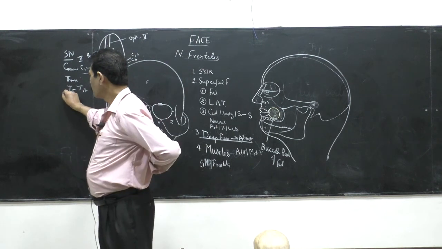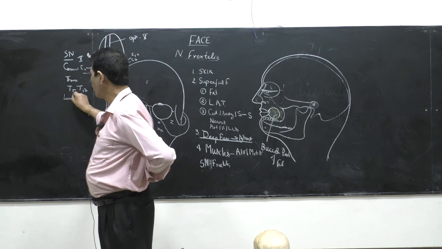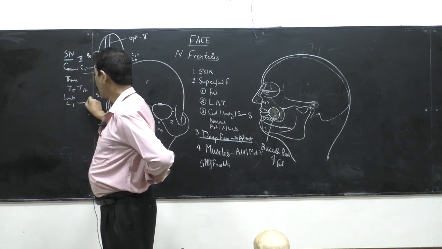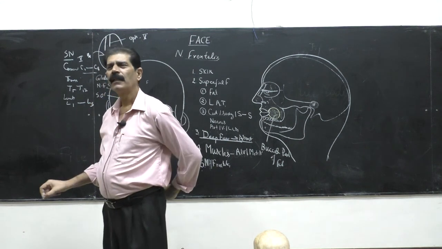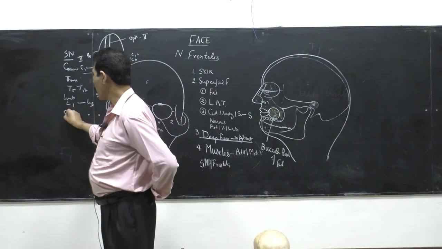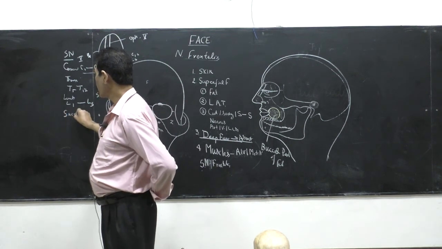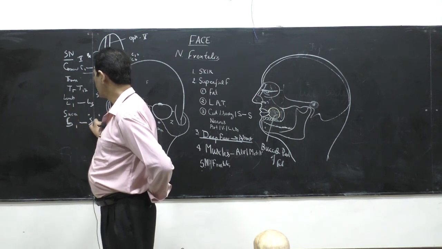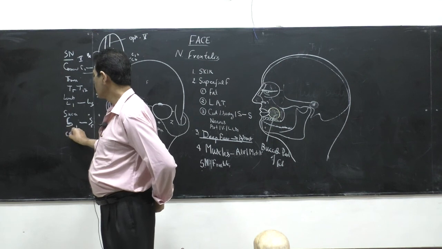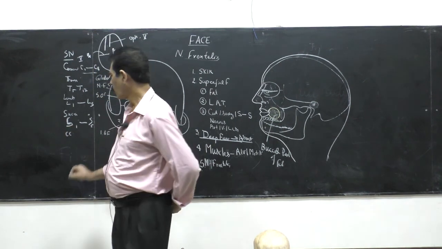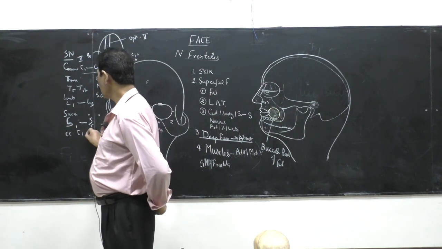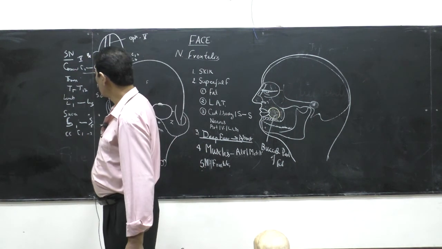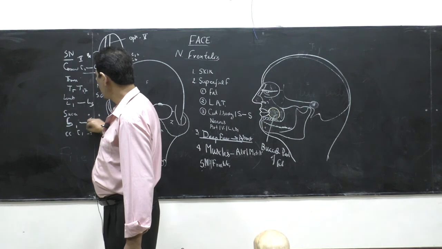Then lumbar, the back side of the abdomen, they are 5, L1 to L5. Then our sacrum, so sacral spinal nerves are also 5, S1 to S5. And the last bone is the coccyx. Coccyx has 1 or 2 nerves. So the total is 8, 12, 5, 5 and 1.